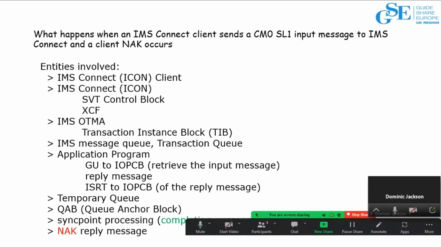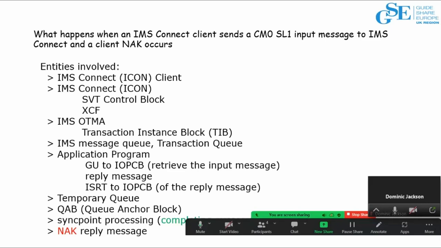IMS Connect sends out the NAK message to OTMA, and then OTMA requeues or purges or reroutes the reply message, right? So, and this completes the second branch as well.